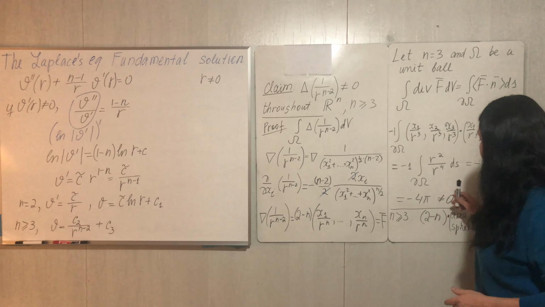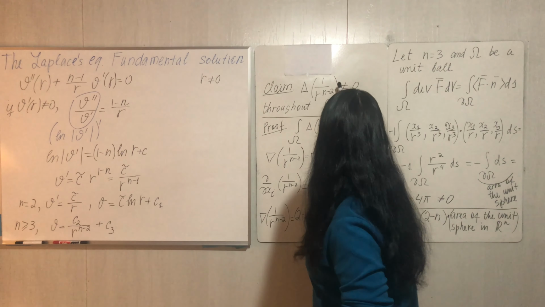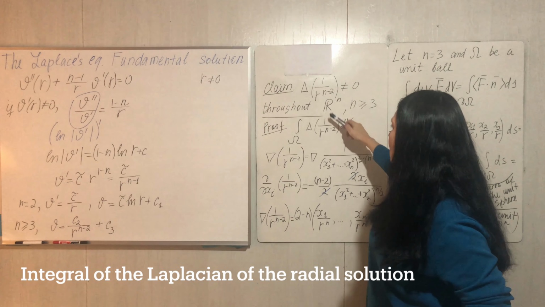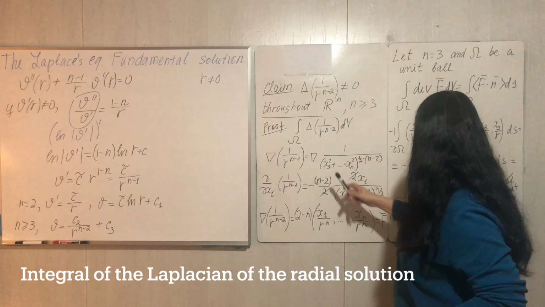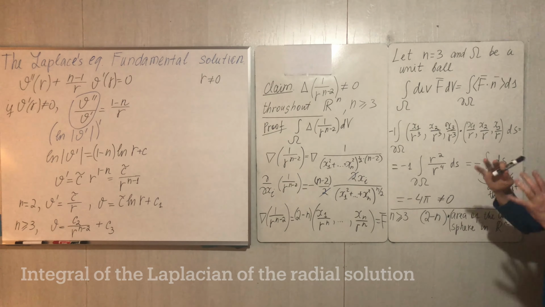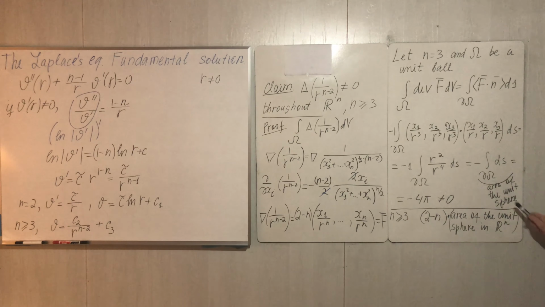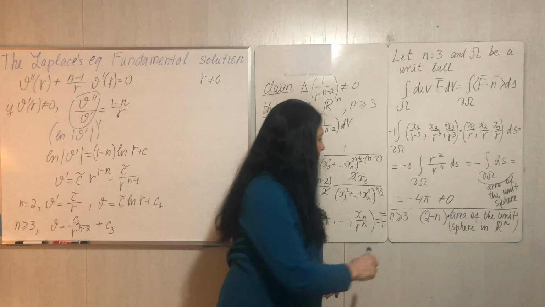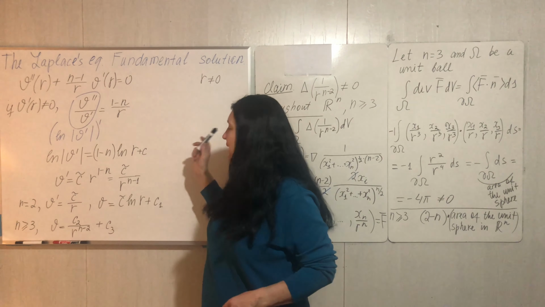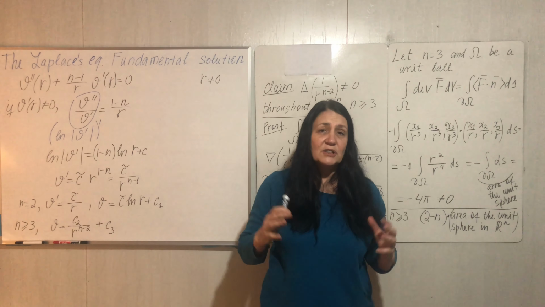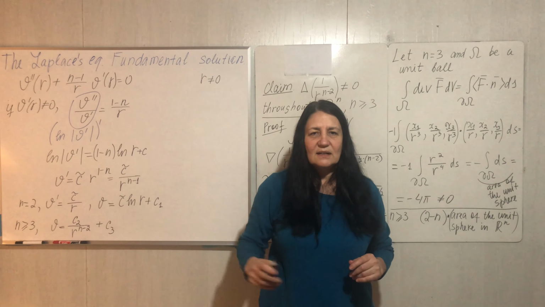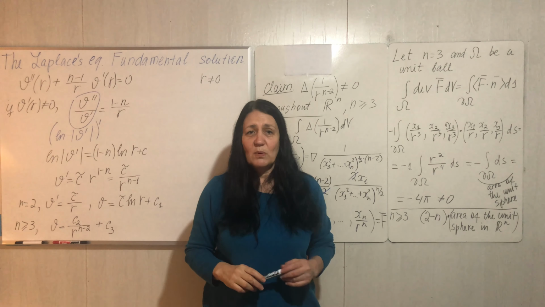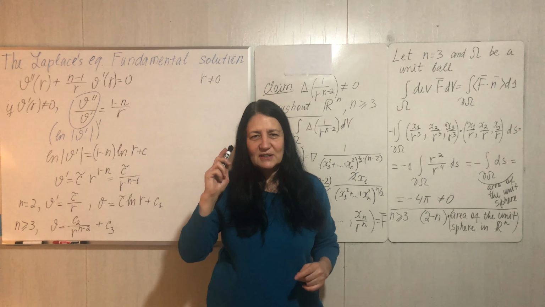So what we've been doing is computing the integral of our radial solution, and this integral, if we use the unit ball, will be equal to that. If we normalize our function, dividing by this constant, we will get a function whose integral over the sphere would be 1. Let's just keep that in mind.